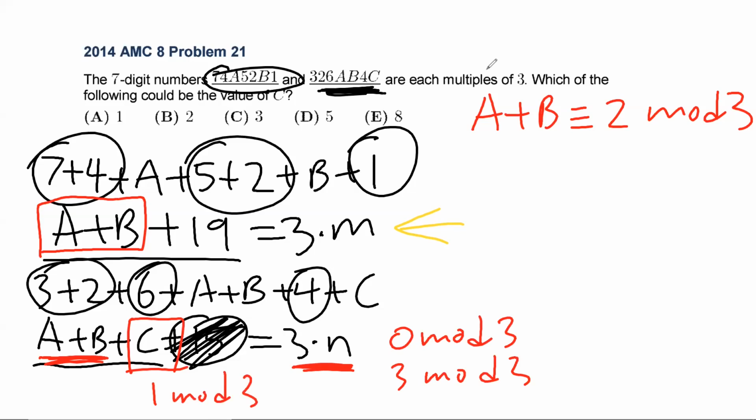Which means that C divided by 3 leaves a remainder of 1. And there's only one number in the answer choice that when divided by 3 leaves a remainder of 1, and that is A, which is 1.